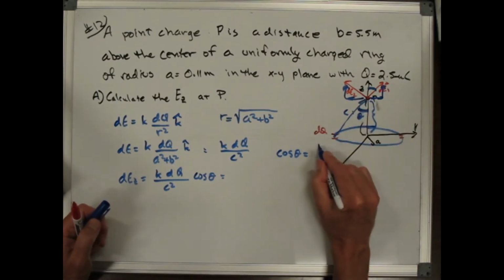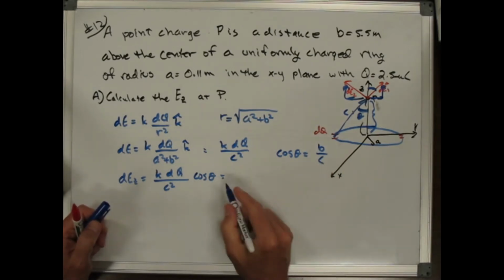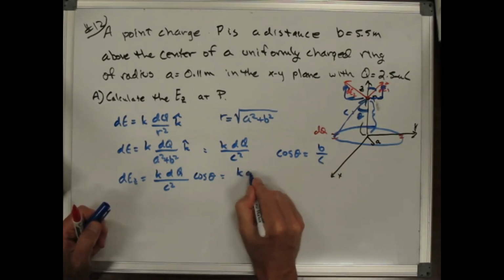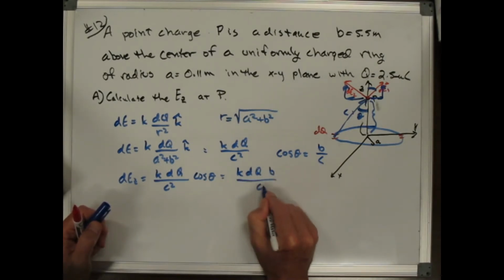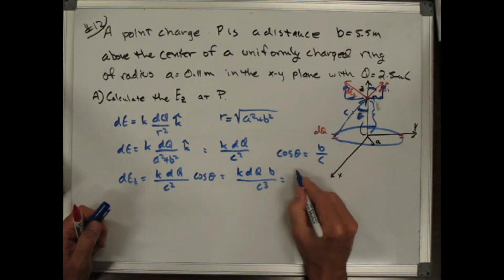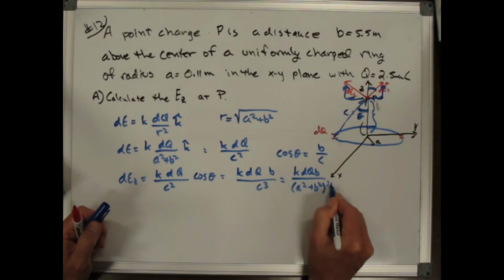It's b over c, and so it's k dq times b over c cubed. Or going back to the way we had it originally, k dq times b over a squared plus b squared to the 3/2.